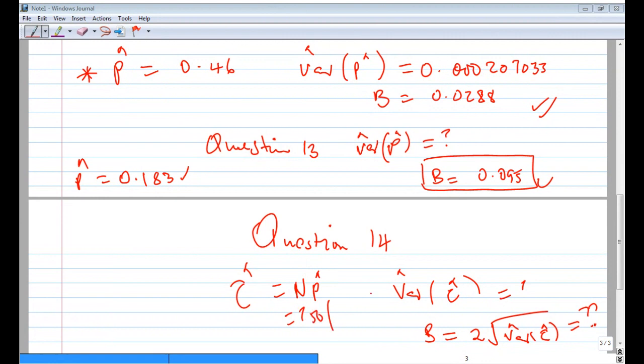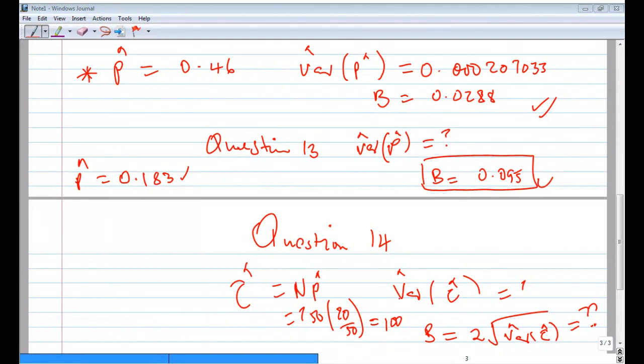Then we multiply by the estimated population proportion, which is 20 over 50, that is 0.4. So the final answer is 100. That is the estimated population total.